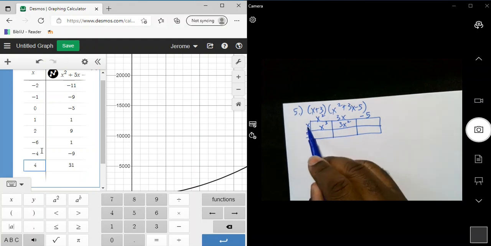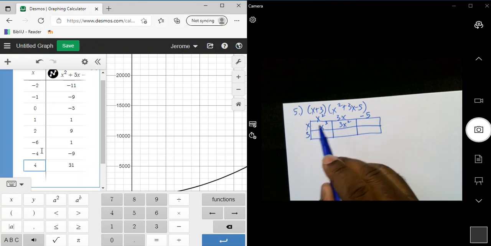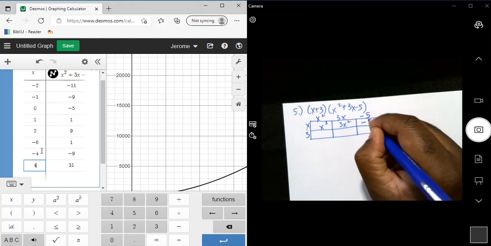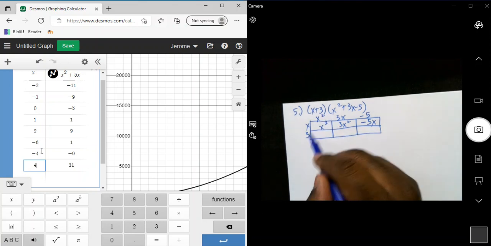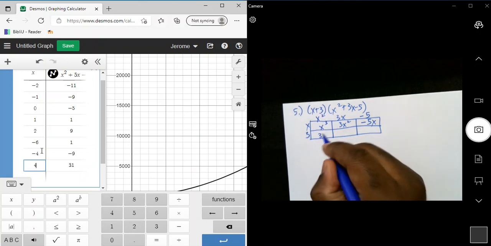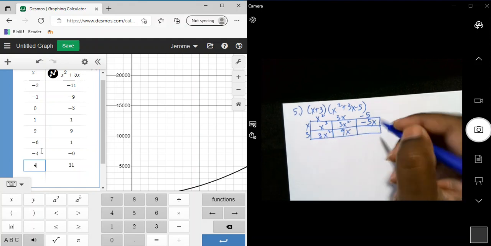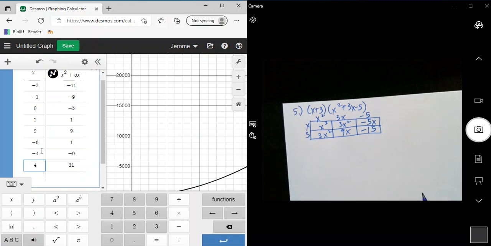So what this is saying is we're taking x and multiplying it by each one of these values. So x times x squared is x cubed, x times 3x is 3x squared, and x times a -5 is -5x. Then we would do this for 3. 3 times x squared is 3x squared. 3 times 3x is 9x, and 3 times a -5 is -15.